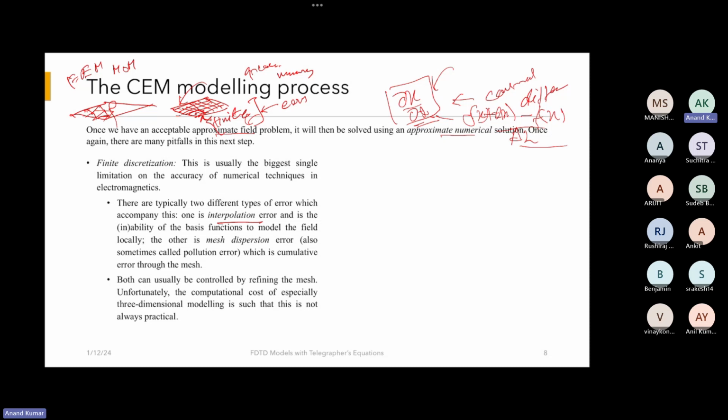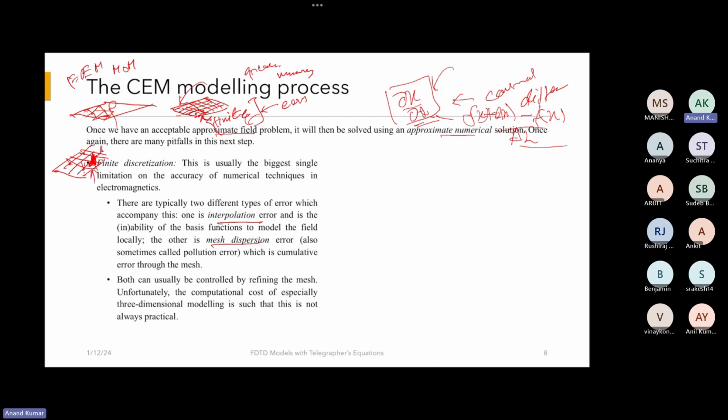If you use a coarse mesh, for example, just two places, you'll be solving at these points. If you want to find the current value at a particular point, you will be interpolating the values of current from here and then calculating the value at the center. This result can be improved if we use a finer mesh. So the interpolation error could be reduced, and similarly the mesh dispersion error. If you use a coarser mesh, there could be some dispersion during the code.